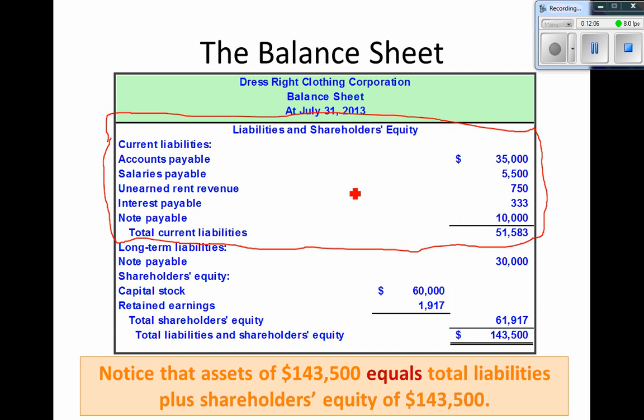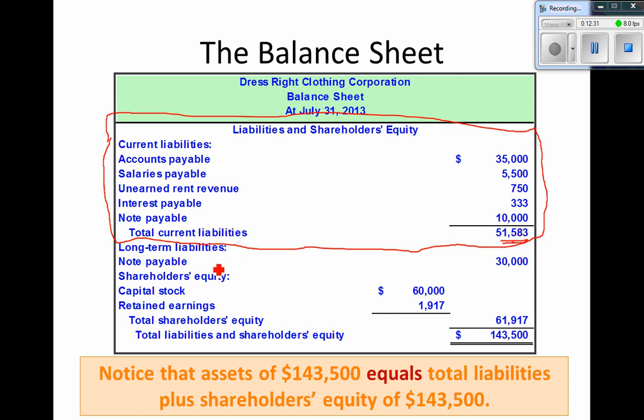So we would list out all our current liabilities, come up with our subtotal, and this will allow our users to perform the current ratio, which is current assets divided by current liabilities, which is a key piece of analysis that we'll use to look at the liquidity of a business.